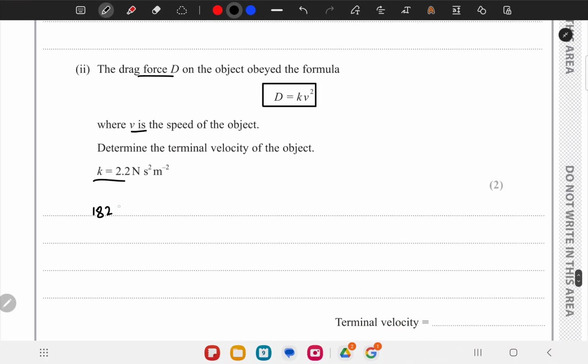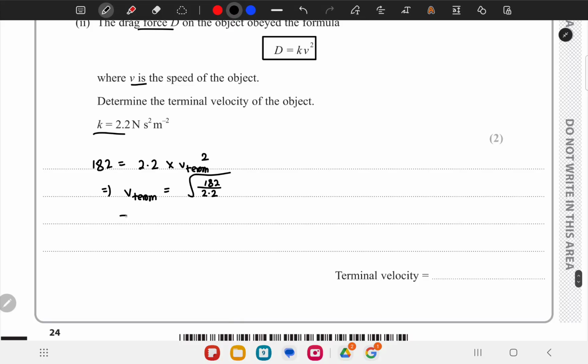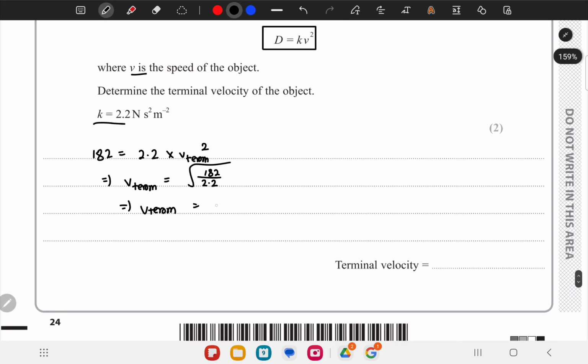So 182 is equal to K, which is 2.2, times V terminal squared. So the terminal velocity will be 182 divided by 2.2, and we have to square root that. So the terminal velocity will come out to be 9.09 meters per second.